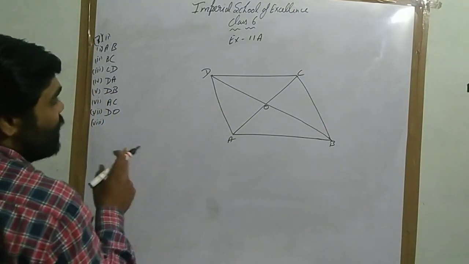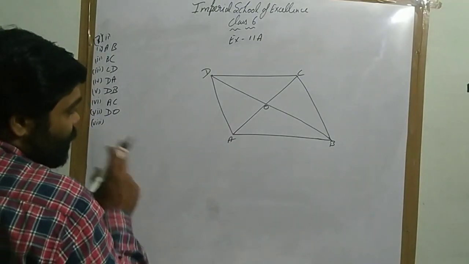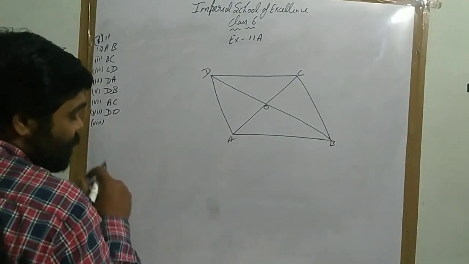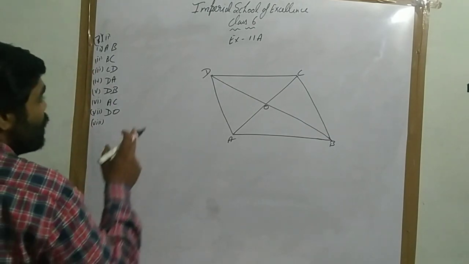We have taken AB, BC, CD, DA, then BD, after that your AC, then AO, DO.